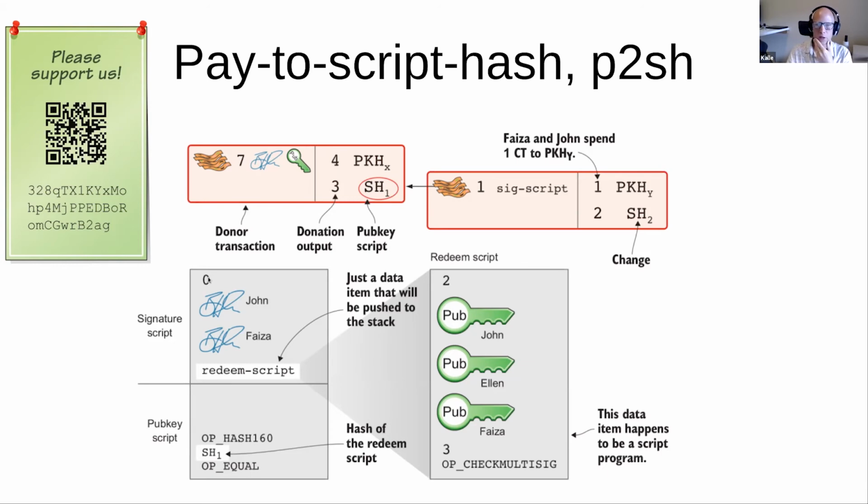But the important thing to take away here is that this redeem script, if you hash it, should be the same hash as you have down here or up here. So let's run this program then. This is a bit more complicated than the pay to public key hash version, but we'll manage, I think.